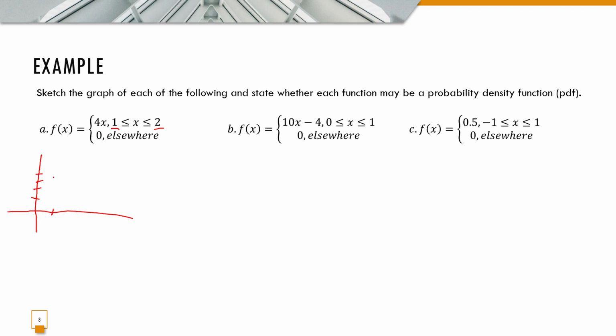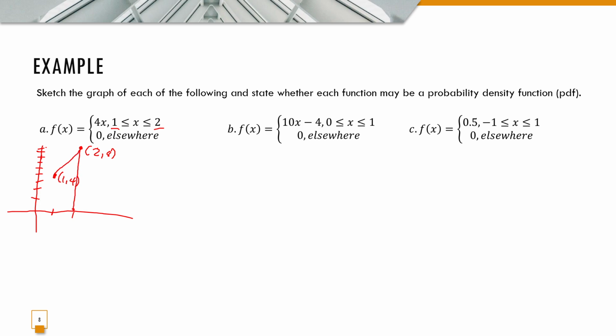Assuming this is 4, this is 1 and 4, and we substitute the value 2 and the result is 8. Assuming this is 8 here, this one is 2, so this is 2 and 8.